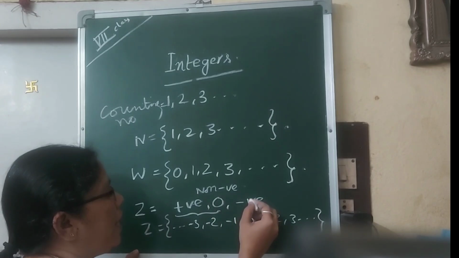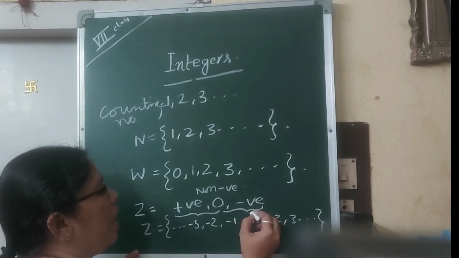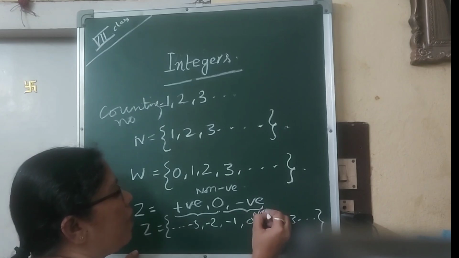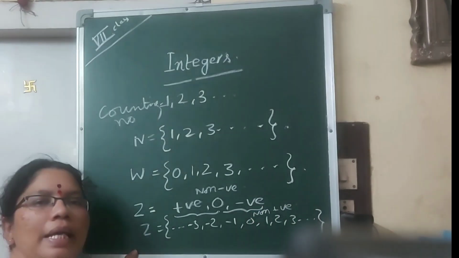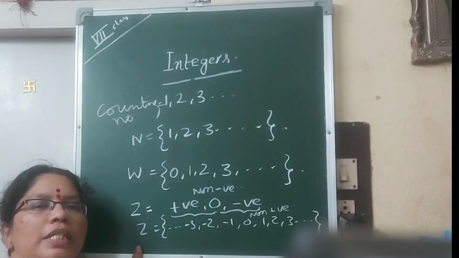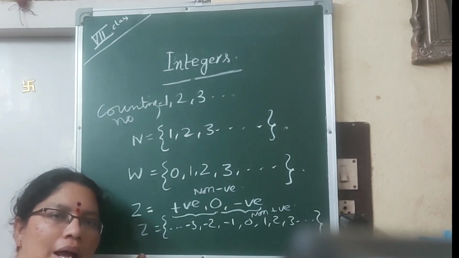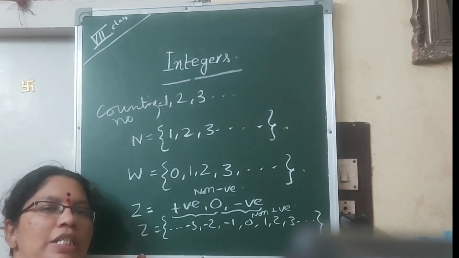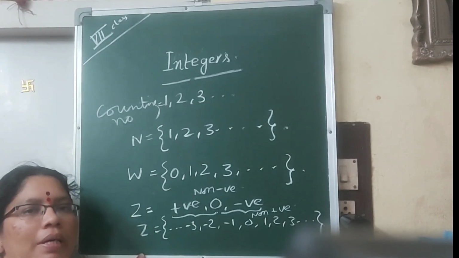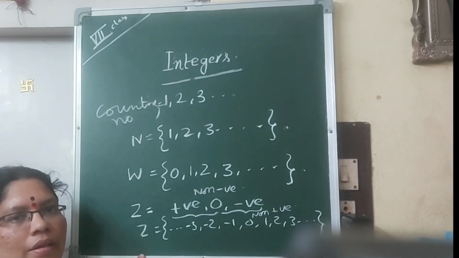And 0 and negative numbers are called non-positive numbers. So, integers consist of non-positive numbers and positive numbers. Either way, we can say it as positive numbers and non-positive numbers, or negative numbers and non-negative numbers.